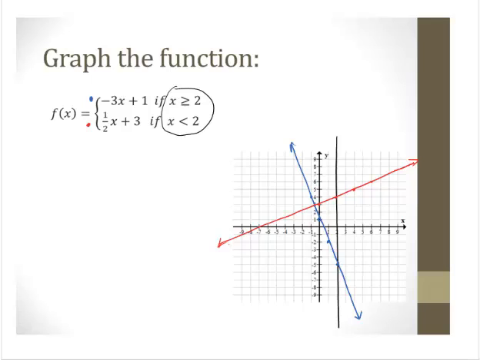All right, so let's remember something now. It's only defined by negative 3x plus 1 if x is greater than or equal to 2. So we only want the blue to the right. So I'm going to erase the blue on the left of that boundary.